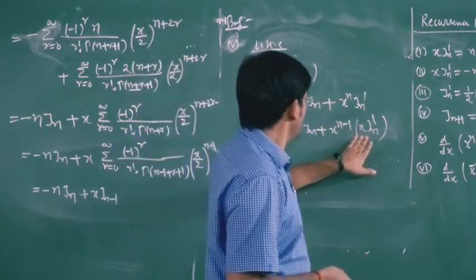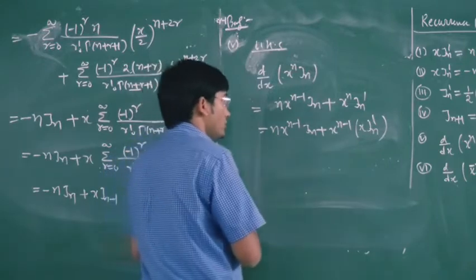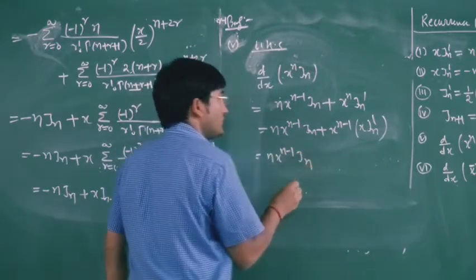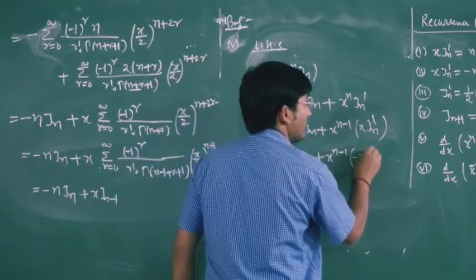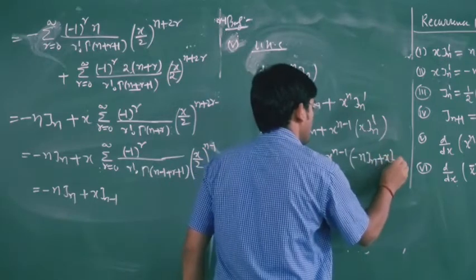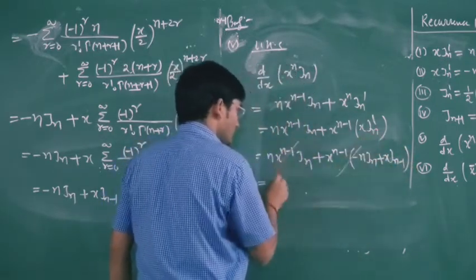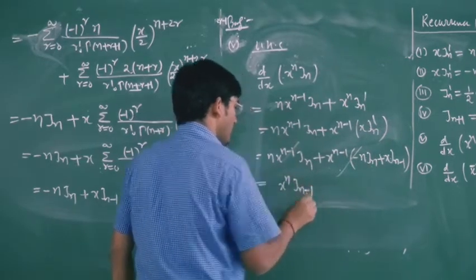So let us put the value of x Jn dash from equation number 2. So if you put the value of x Jn dash from 2, then we will have x power n minus 1, then this will be your minus n Jn plus x Gn minus 1. So this is equal to, now you consider this term will get cancelled with this one. So we have x power n into Gn minus 1.